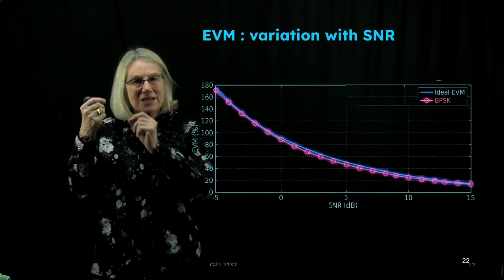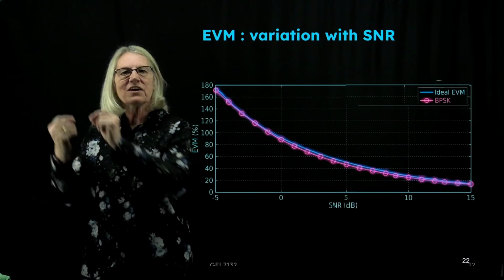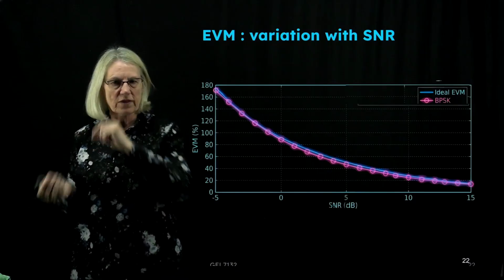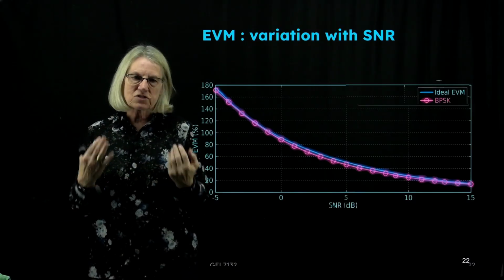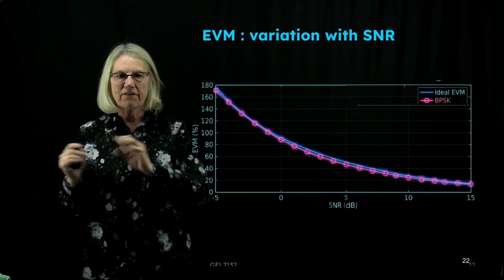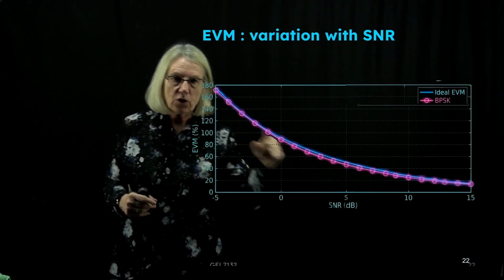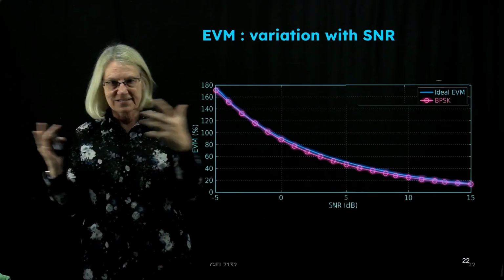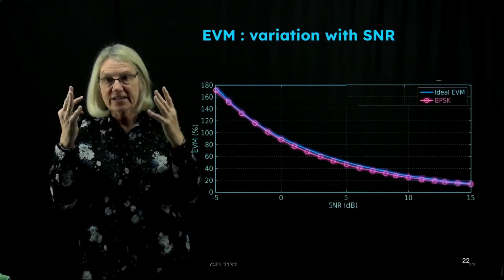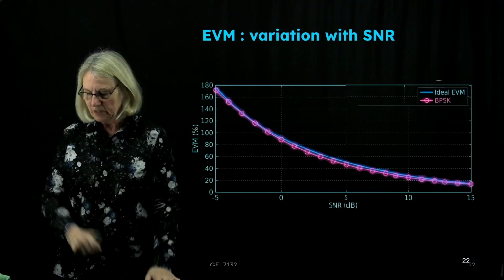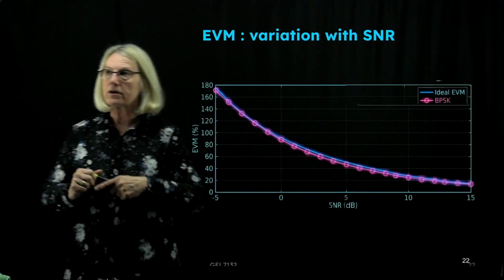Some of the bits that I said were intended for the 1 were not actually intended for the 1, they were intended for the 0. And so there's a deviation between these curves. The real EVM, if I don't know what's going on, is going to be this pink one, but if I knew exactly what the bits transmitted were, I would get this blue one. Okay, let me back up and be a little clearer.